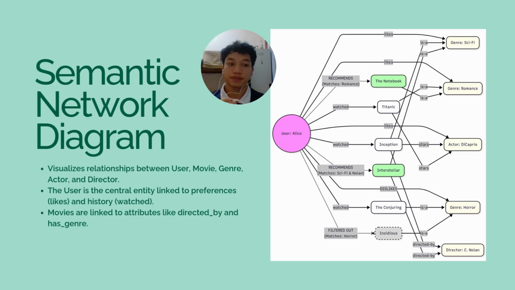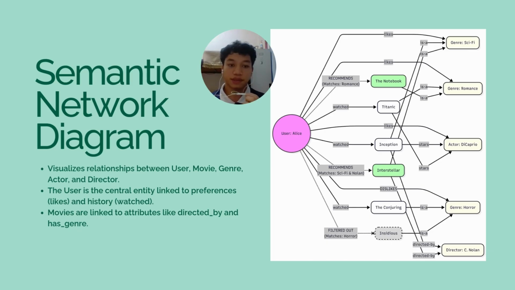At the center, we have the user, shown in pink. The user is connected to various entities through specific relationships. The first example is preferences. We link the user to genres and actors. The second example is history.